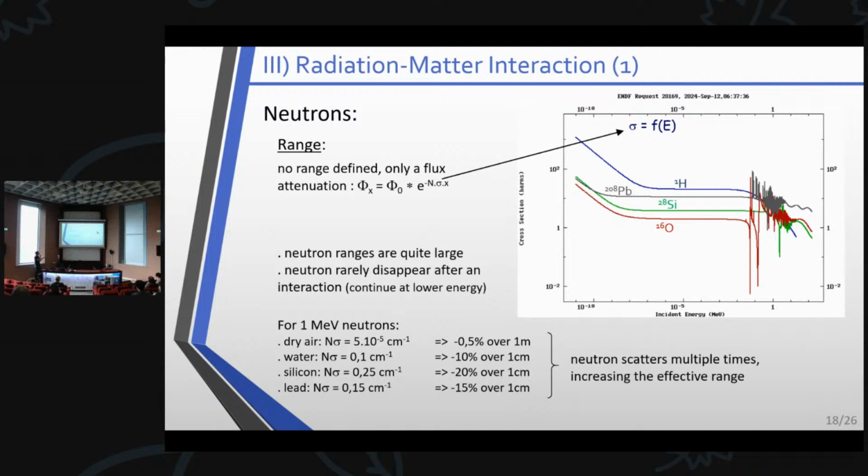So the ranges are very large, and it still continues after the interaction. It is often scattered. I give you here the attenuation with different materials, but like for gamma rays, it's very difficult to stop neutrons. So it continues to spread.